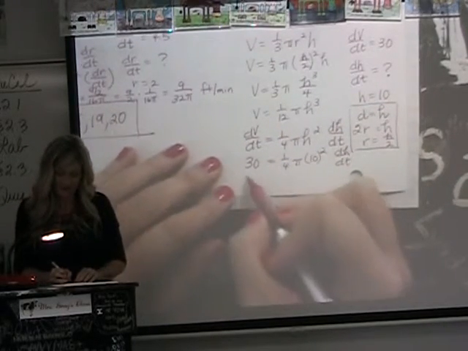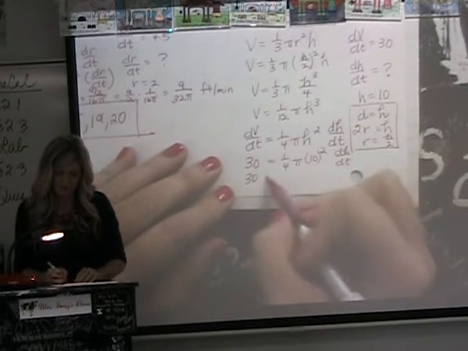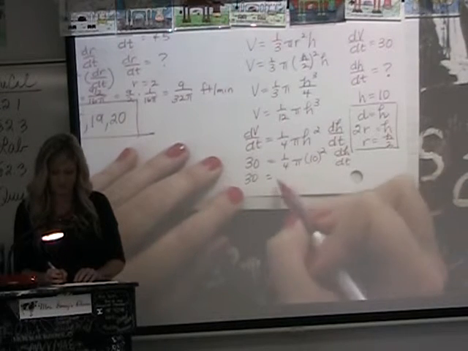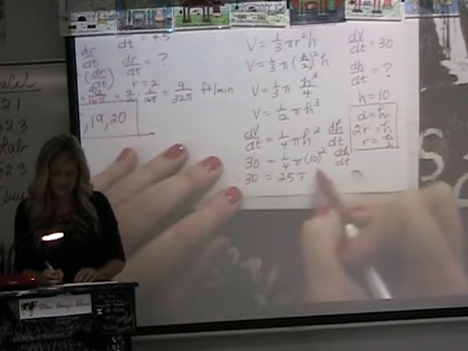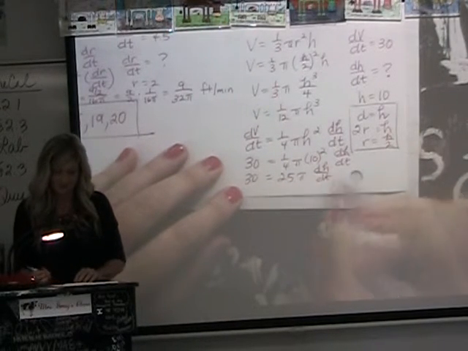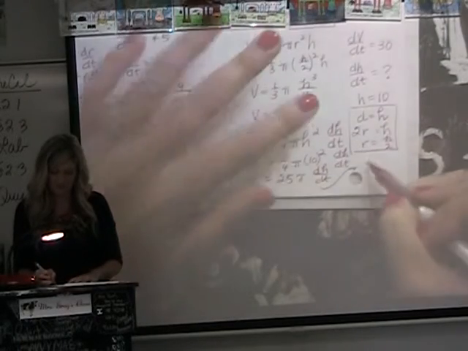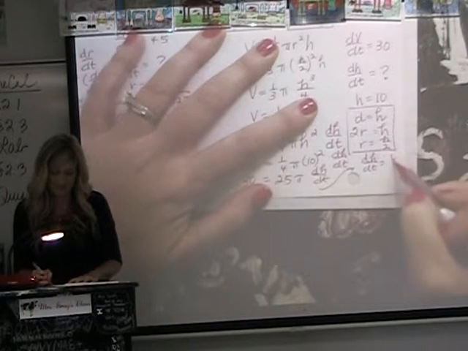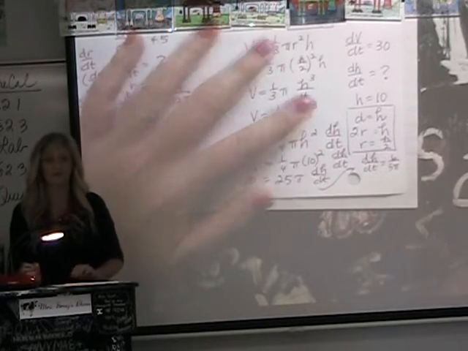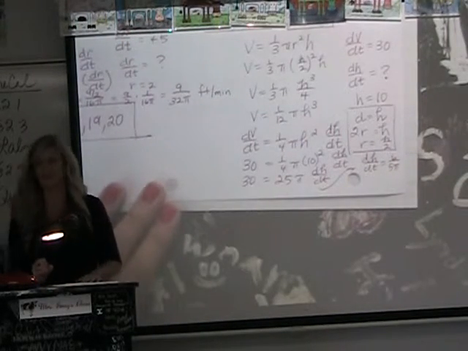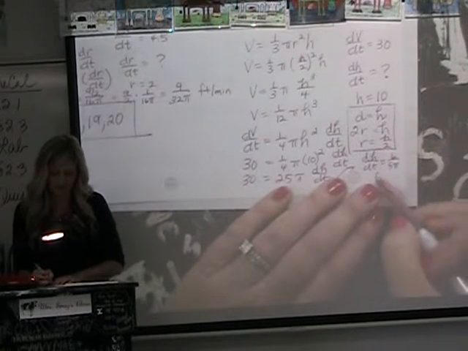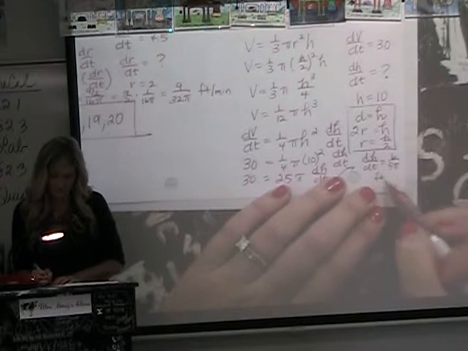So we have 30 equals 1/4 times 100, 25 pi dh by dt. So everybody agree that dh by dt is equal to 6/5 pi. 30 over 25 reduces to 6/5. And the unit of measurement here would be feet per minute.